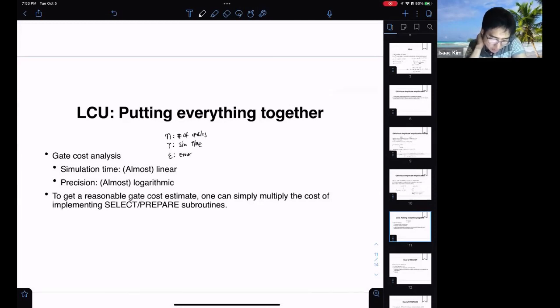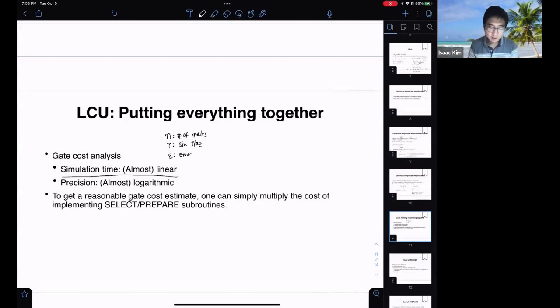And it turns out that this LCU method is really nice in the sense that the simulation time goes almost linearly with the actual time, as expected. And the precision goes almost logarithmically, actually slightly better. So it's also nearly optimal in that sense. To get a reasonable gate cost estimate, all you need to do is simply multiply by the cost of implementing the select and prepare subroutines.